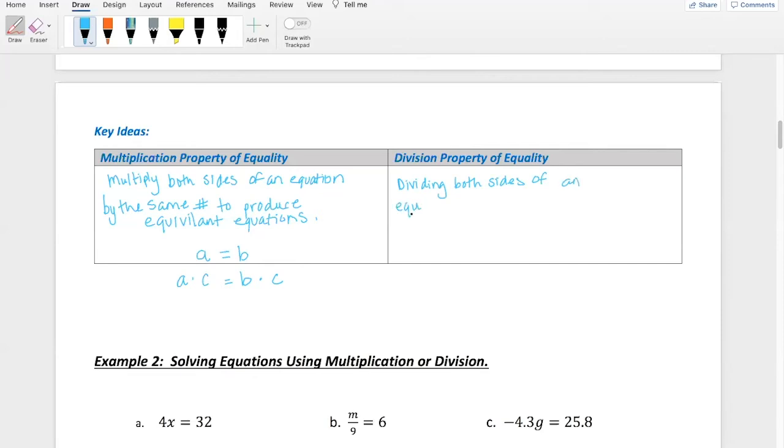And then same thing for the division property of equality, dividing both sides of an equation by the same number. Again, it is going to produce equivalent equations.